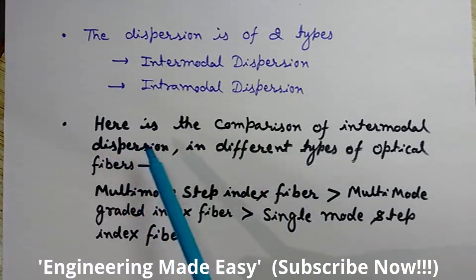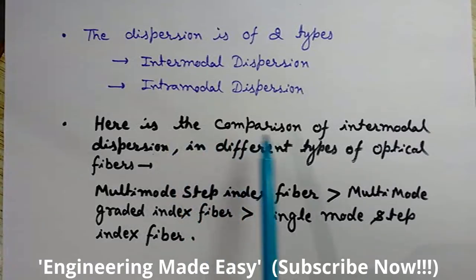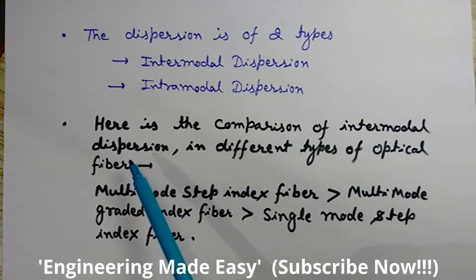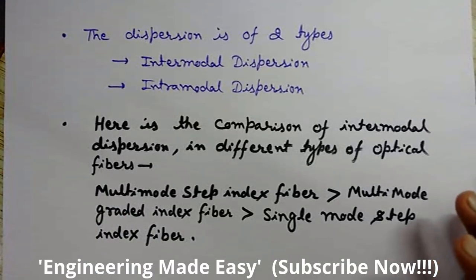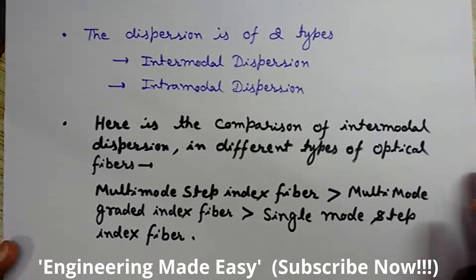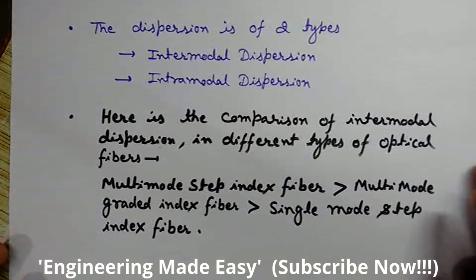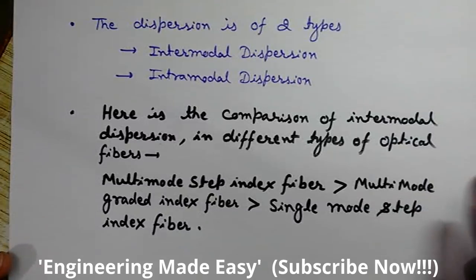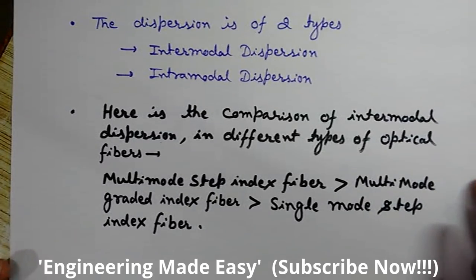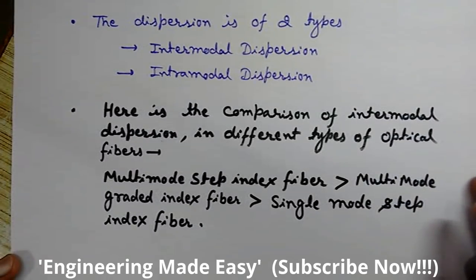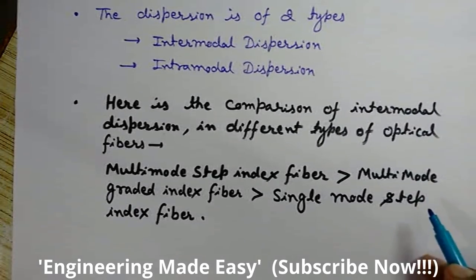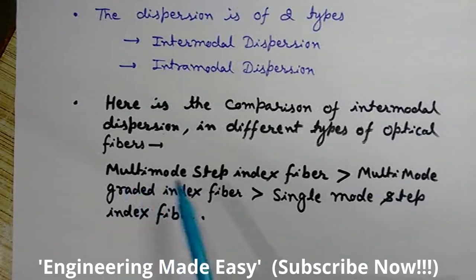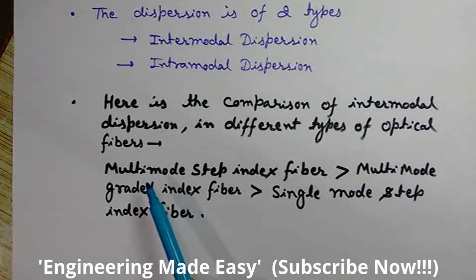So here is the comparison of intermodal dispersion in different types of optical fibers. Since we have studied many fibers, multimode and single mode based on modes, and also graded and step index, how is the comparison between all these based on intermodal dispersion?